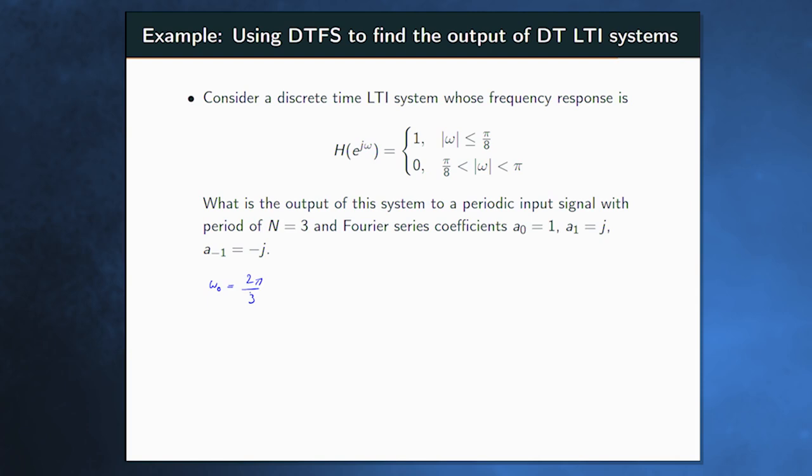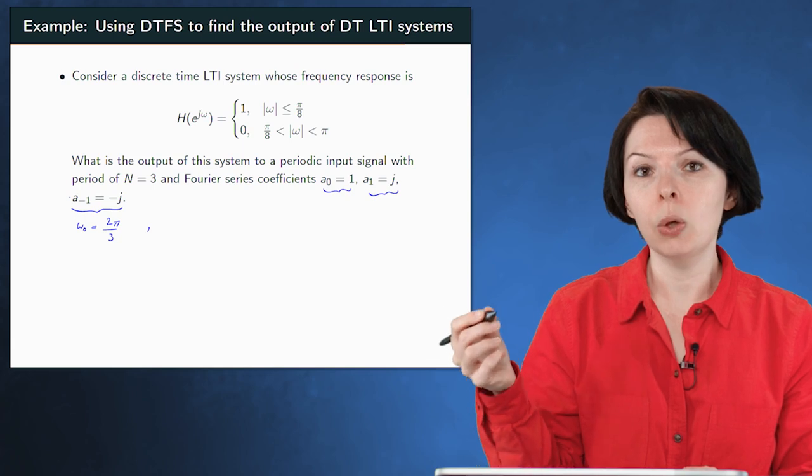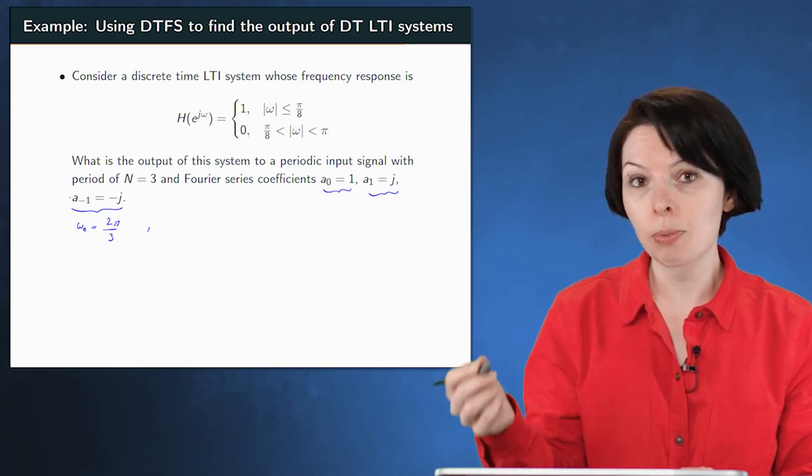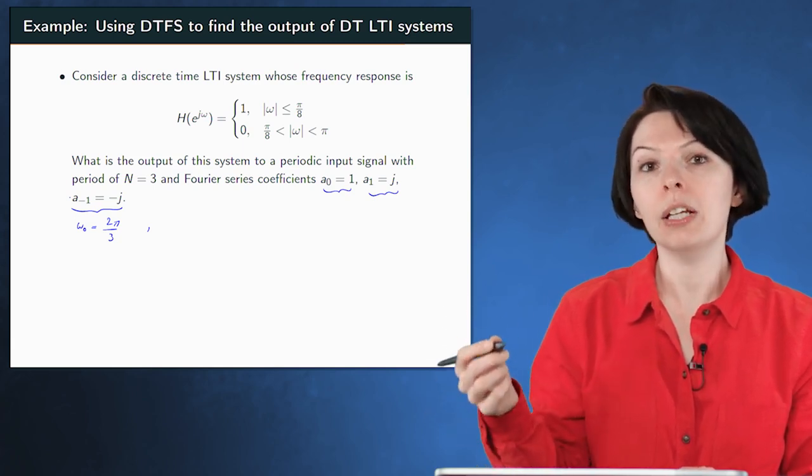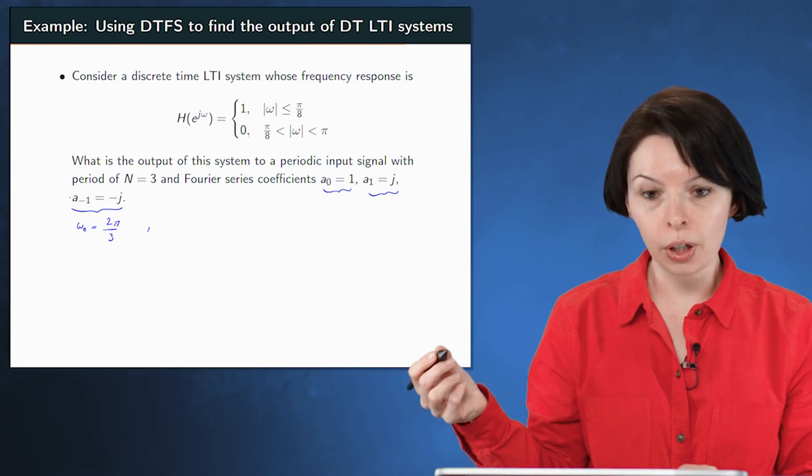All right, so I have 3 non-zero a_k coefficients, so I expect to get at most 3 non-zero b_k coefficients. And I know that because x of n is periodic with period of 3, y of n is also going to be periodic with period of 3.